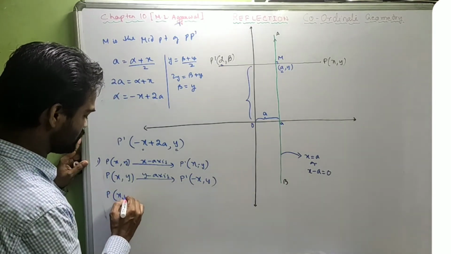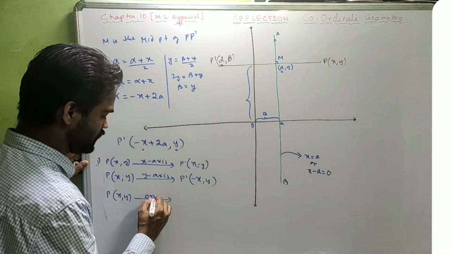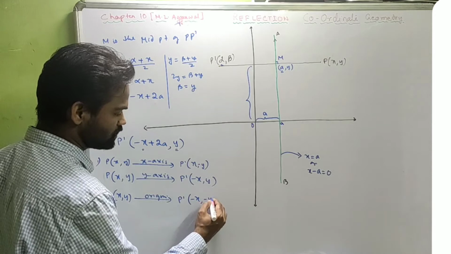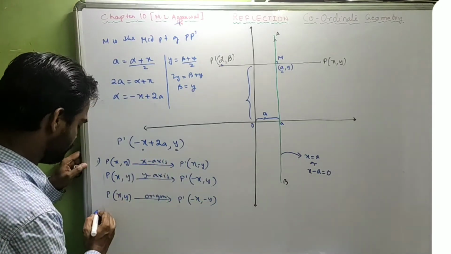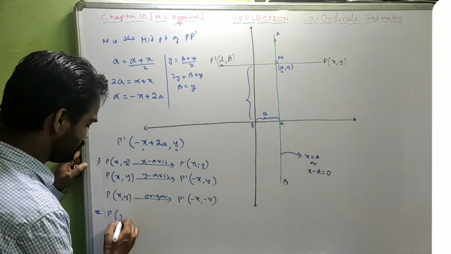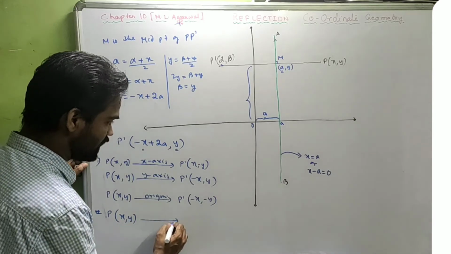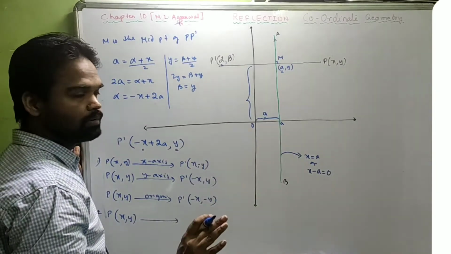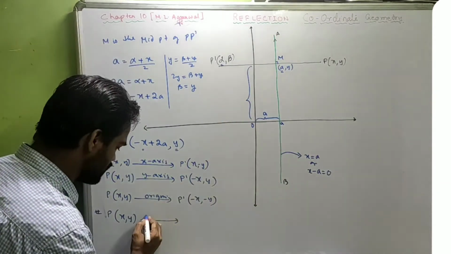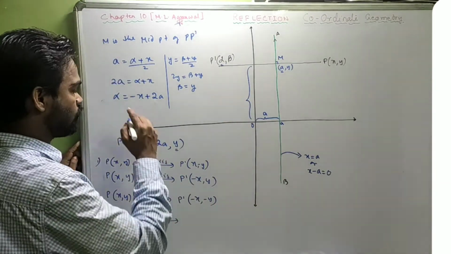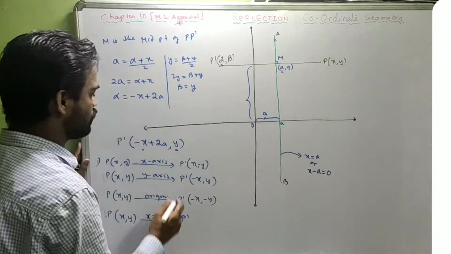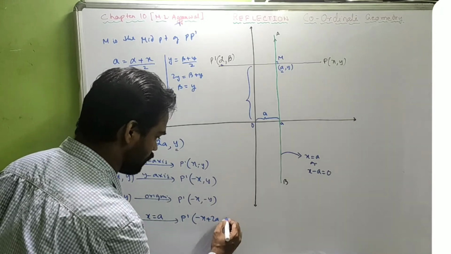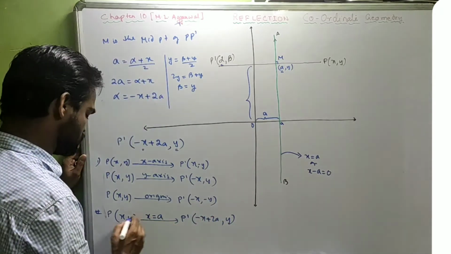When a point (x, y) is reflected in the origin, both the signs change. Then the most important thing, if a point (x, y) is reflected on a line parallel to y-axis, x equals A, then the coordinate of P dash: the sign of x coordinate changes plus twice of A comma y. The y coordinate remains unchanged.